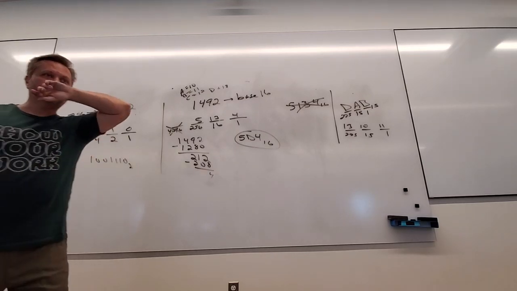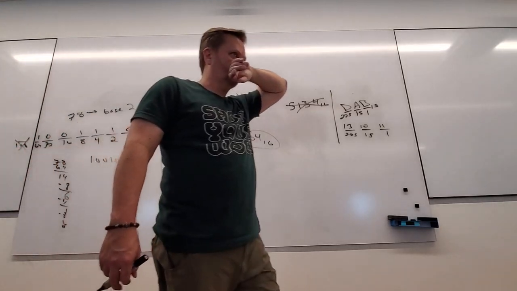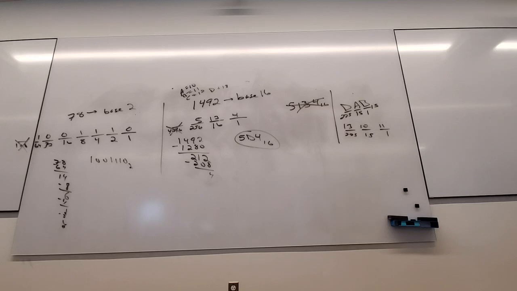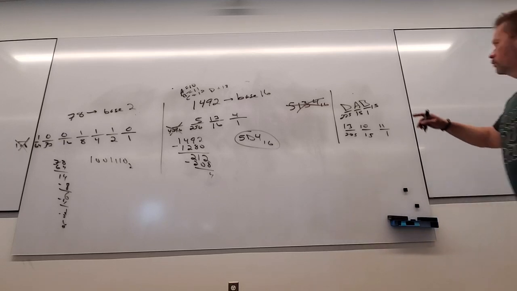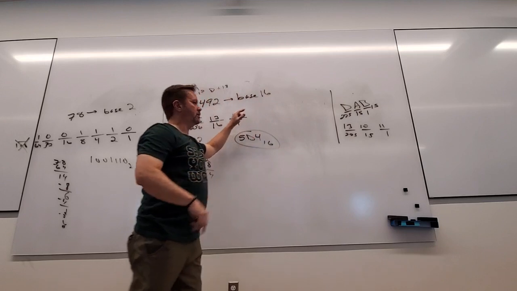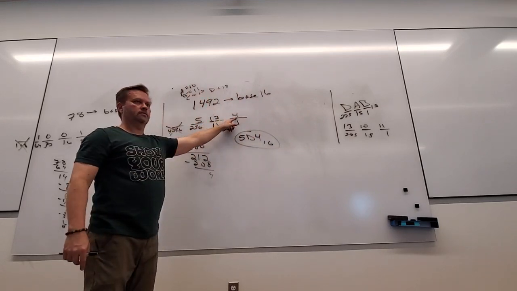I understand how to do it, but can you explain again why they roll over into the letters? It's because, so right here, do you agree with this problem we did earlier, these numbers?